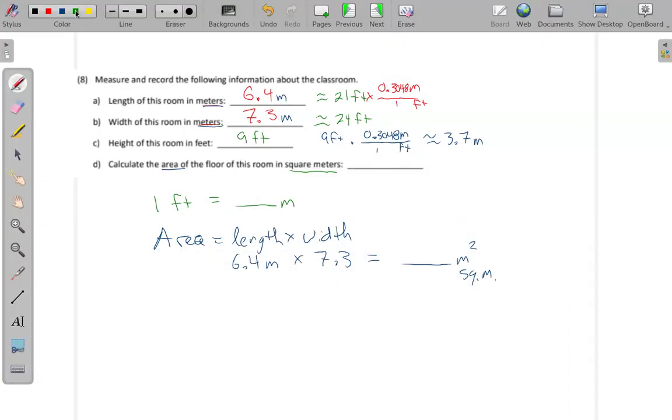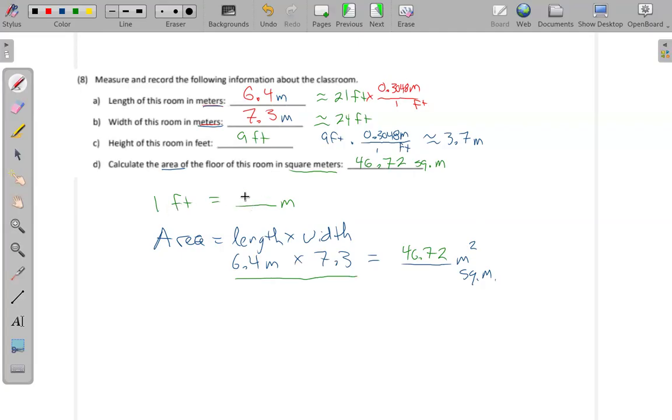So up here, we've got 46.72 square meters, or meters squared. All right, so here's my work to go with it. And remember the philosophy, anytime you use your calculator, you should write down what you did. Let's say I might as well fill this in.